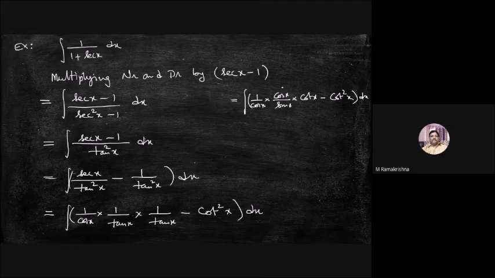Now if you see this, cos x cancels. Now it will become integration of 1 by sin x is cosecant x, cot x minus cot square x.